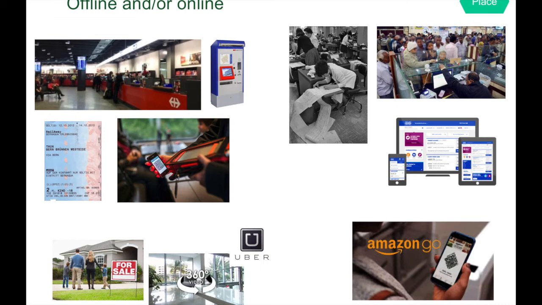Of course, there are online shops, but Amazon is a perfect example of a company that used to be online and now is moving into the offline business as well. So I truly believe that it's not a question of offline or online, as Amazon is indicating as well. You have to combine the two aspects.